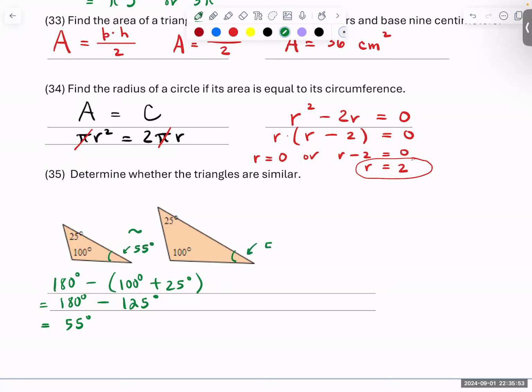Label both angles 55 degrees. So since all three pairs of corresponding angles are equal in measure or congruent, these two triangles are similar.